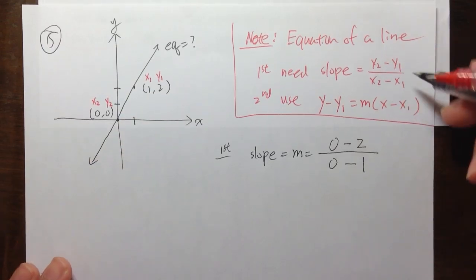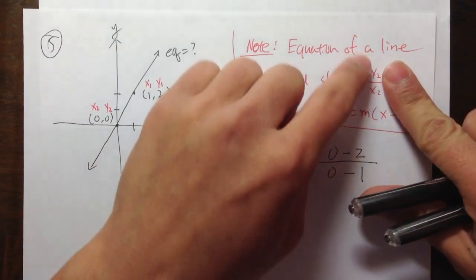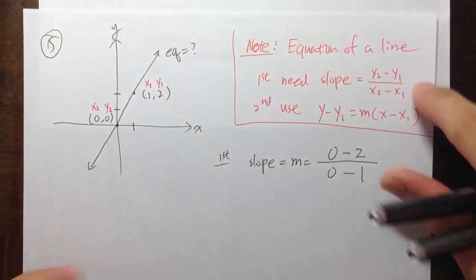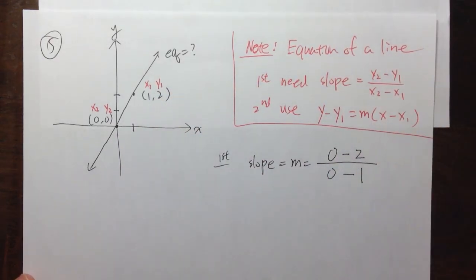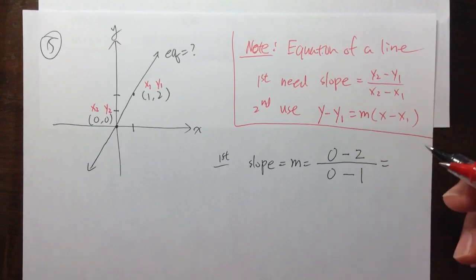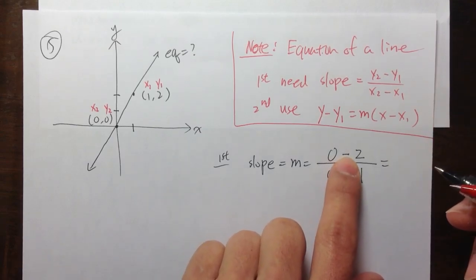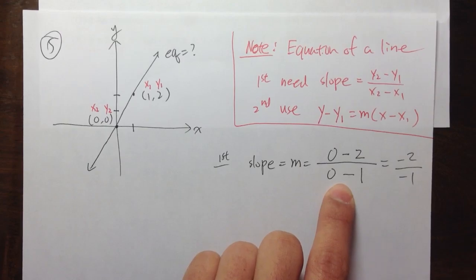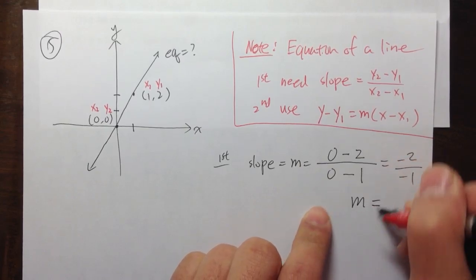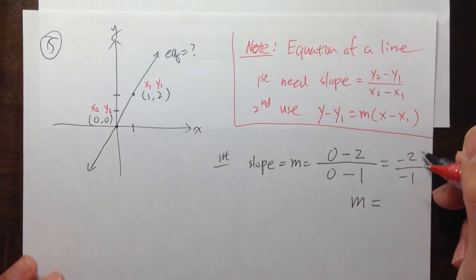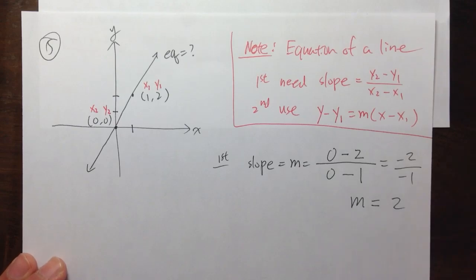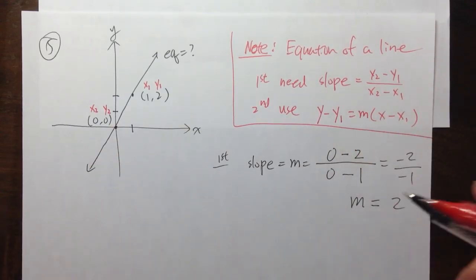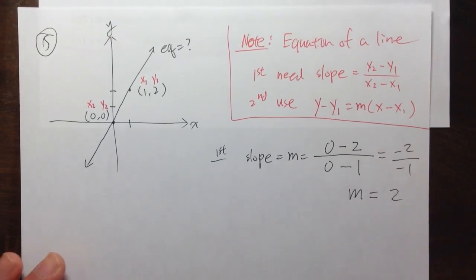As long as you are consistent, so again, you put the 2's first, y2 and x2 first, minus y1 and then minus x1. And we get what? I have negative 2 on the top over negative 1 on the bottom. So the slope m, negative 2 divided by negative 1, is positive 2. Exactly the same answer as the one we did earlier. So this is one of the pieces of information that we need.